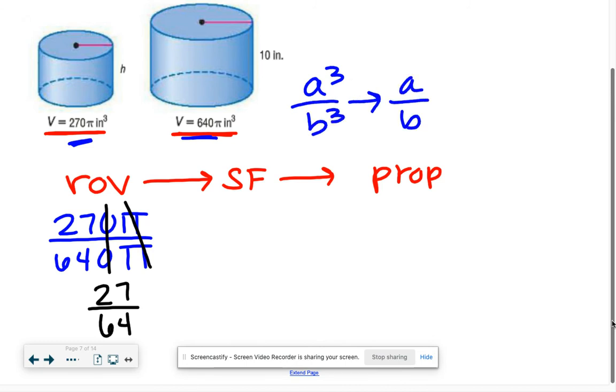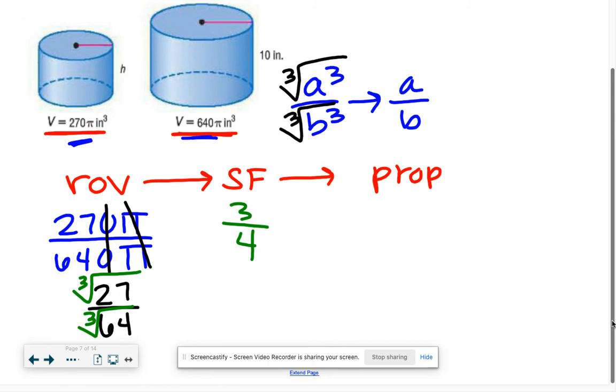Well, how do you undo something cubed? You take the cube root. So we need to figure out what number times itself 3 times gets me to 27. That would be 3. And the cube root of 64 is 4.